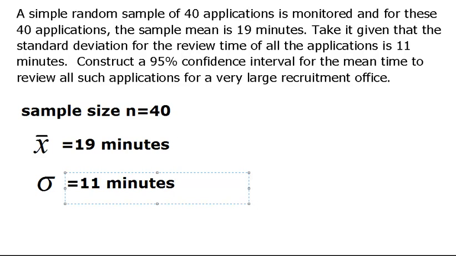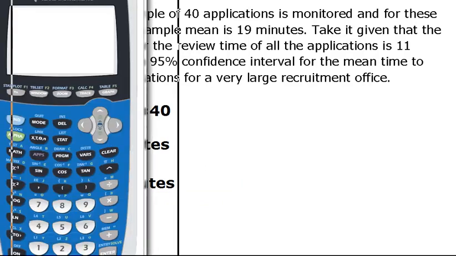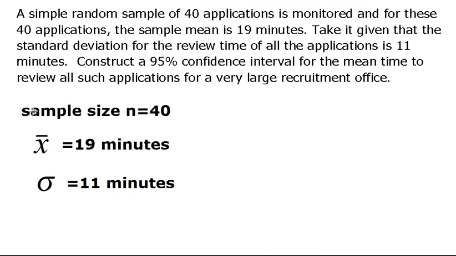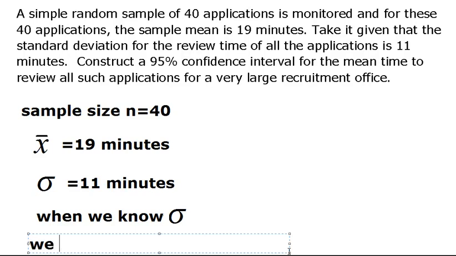So we have everything we need to give input to our TI-84 calculator. Let's go and work on it. We are computing the z interval because we know the value of sigma. When we know sigma, we use the z procedure, which your calculator calls the z interval.